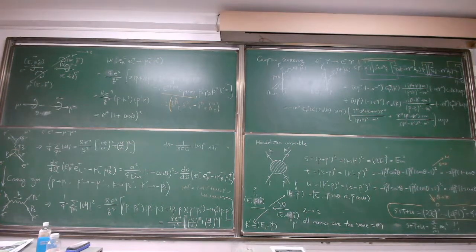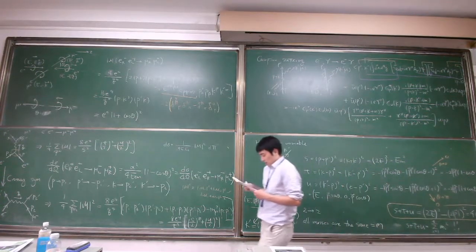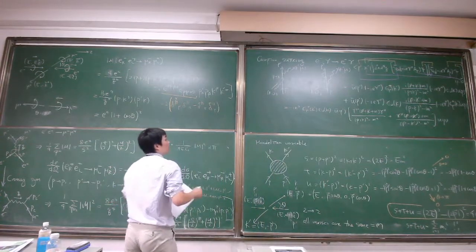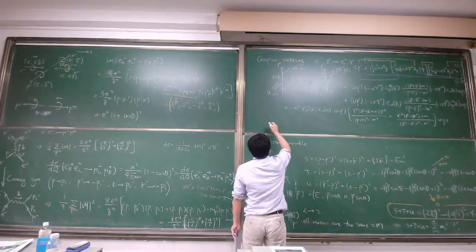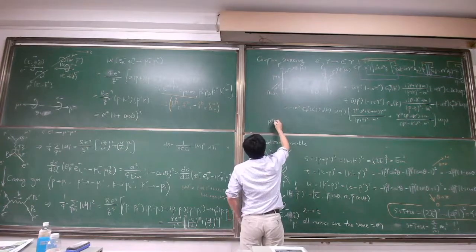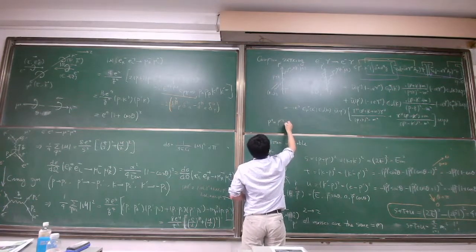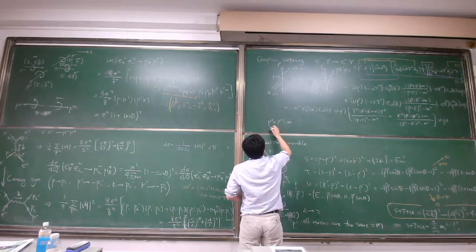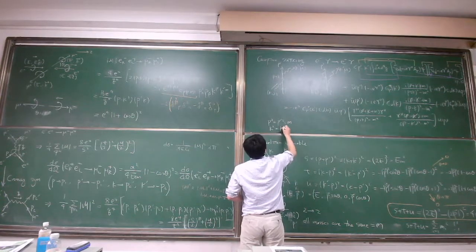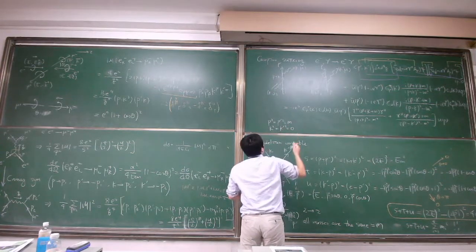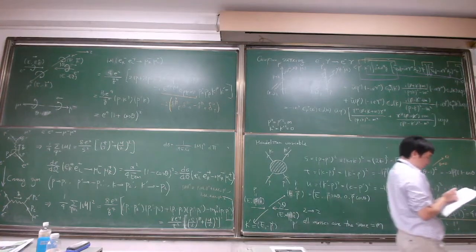So you just sum them up. And then we just recall that P squared is equal to P prime squared is equal to the mass of electron squared, and K squared is equal to K prime squared, the photon, whose mass is equal to zero.